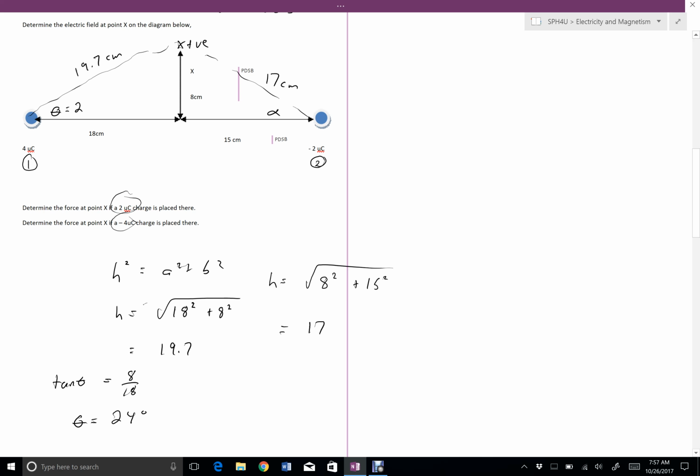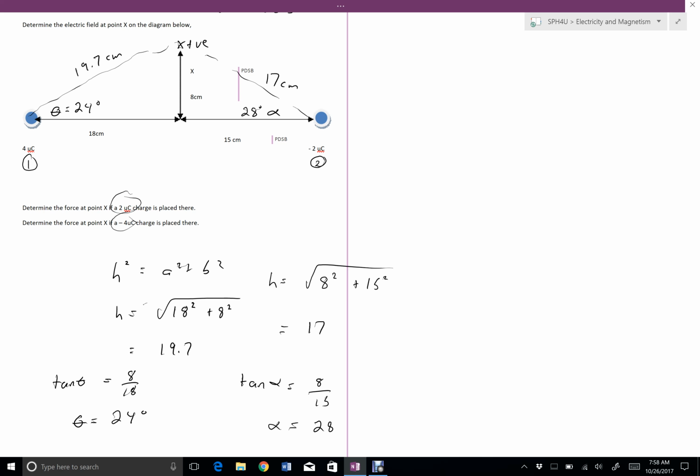And alpha, tan alpha is equal to 8 over 15. So alpha is going to be 28. So 24 and 28 degrees. All right, that's all the geometry I have to do to help me figure out what direction and what magnitude my electric fields are going to be.